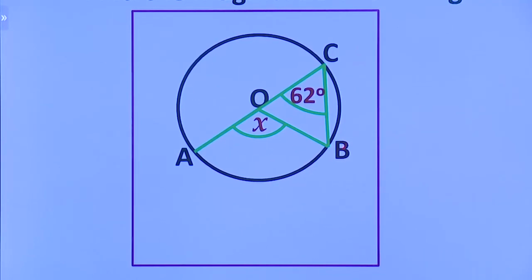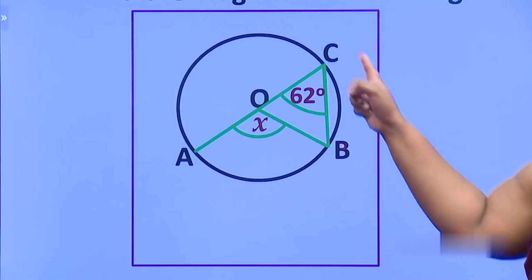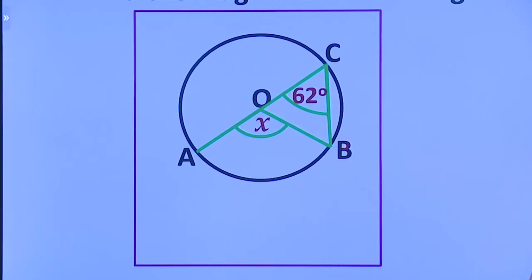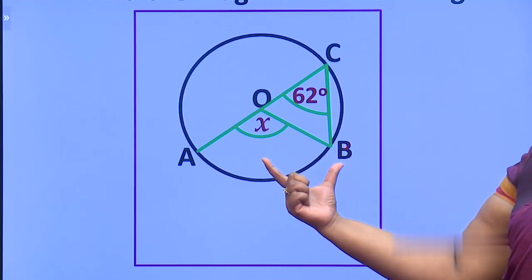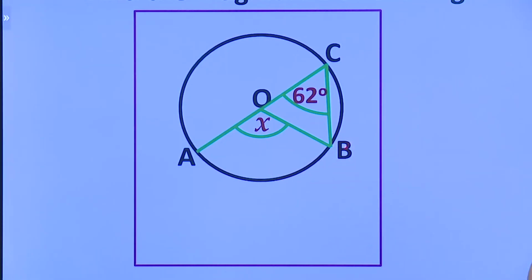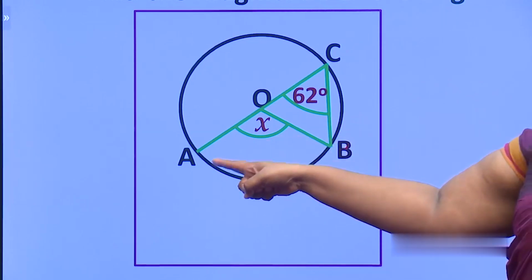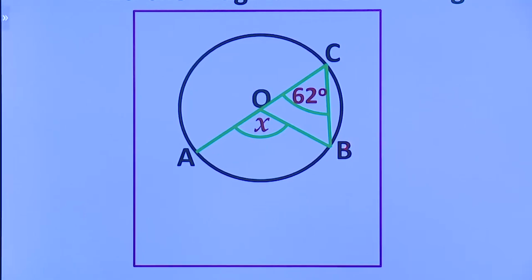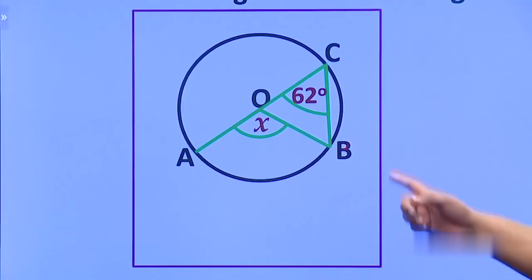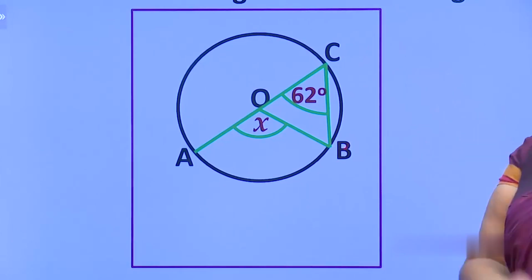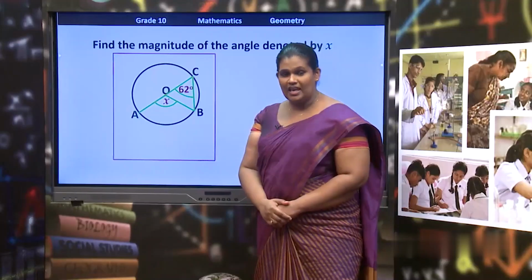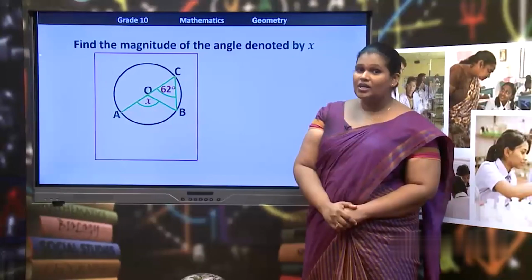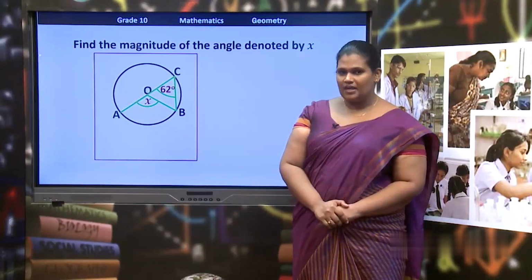And at the same time we can observe point C is on the remaining part of the circle. Therefore, angle ACB is the angle subtended by the same minor arc AB on the remaining part of the circle. Once again, we can relate this question to the theorem we have learned right now.